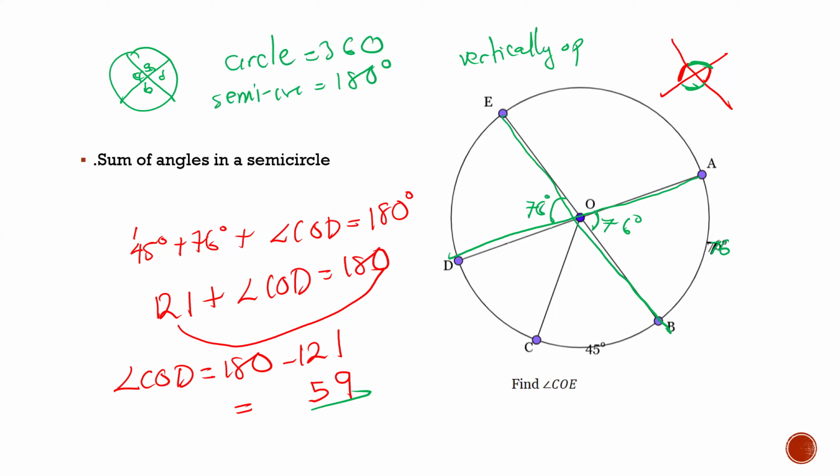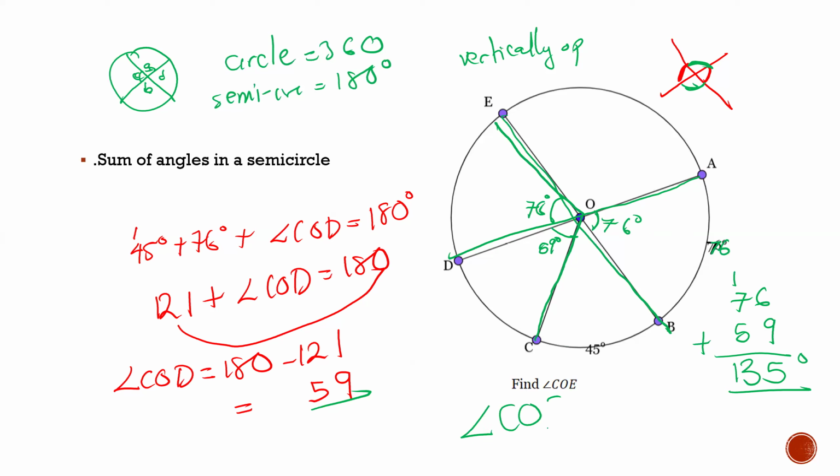And remember that we got this as 59. So now we can get our COE by adding 59 and 76. So what is 76 plus 59? 6 plus 9 is 15. So 5, carry 1. 7 plus 5 is 12, plus 1, that's 13. So 135. Angle COE is 135 degrees.